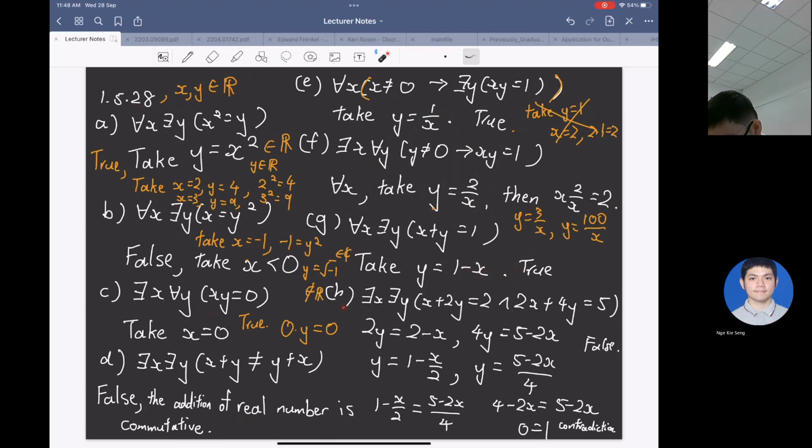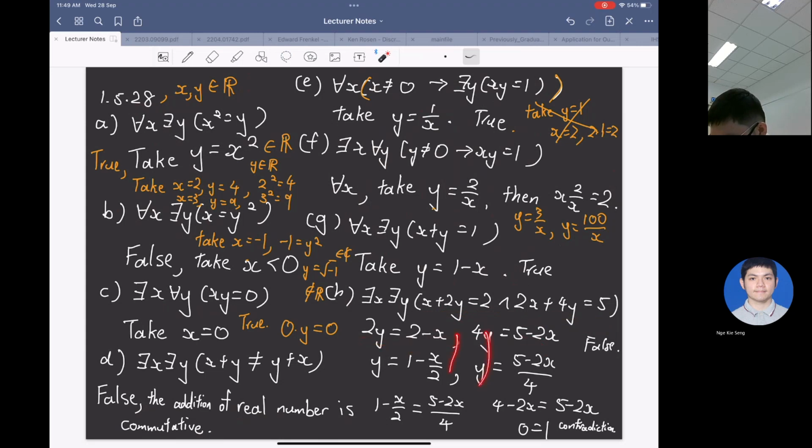Next, h. There are x and y such that x plus 2y equals 2 and 2x plus 4y equals 4. How on earth are you going to do this? This is actually a simultaneous equation. Try to play around with these two equations because you want both of them to be true.